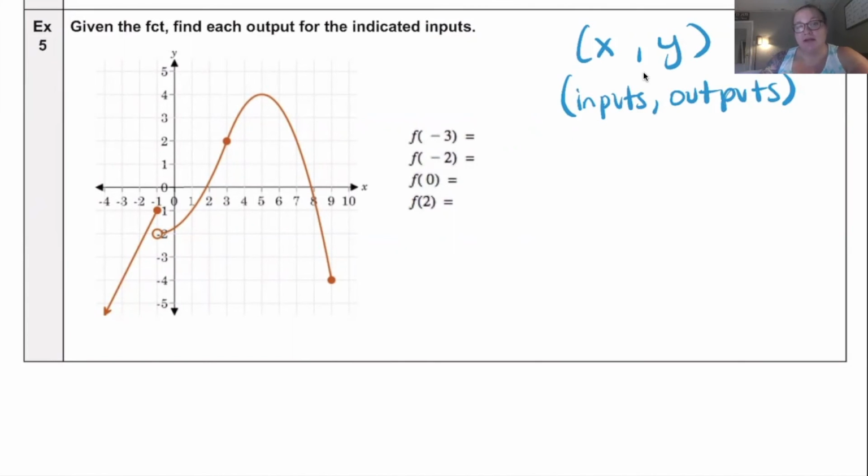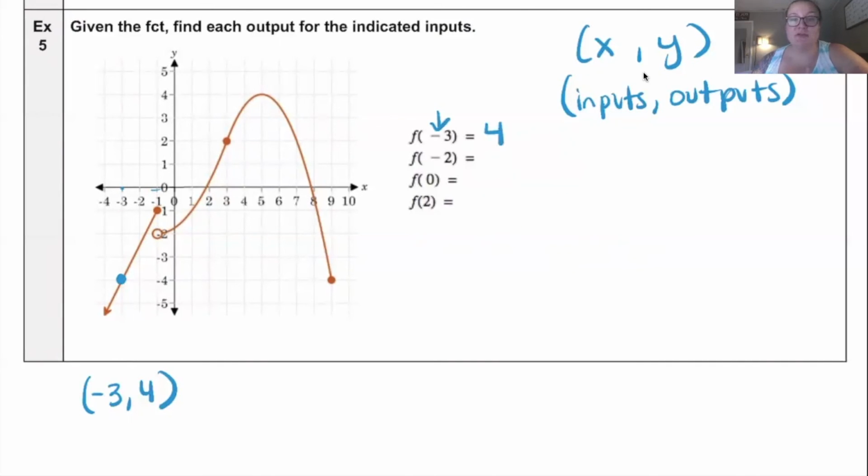So if you look at where x is -3 on this graph, we'd get 4. So that means the ordered pair is (-3, 4). So f of -3, if I plug -3 into this function, what will I get for my y value or my output? I'm going to get 4.